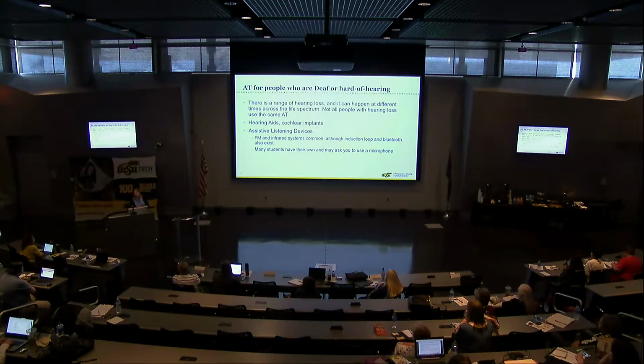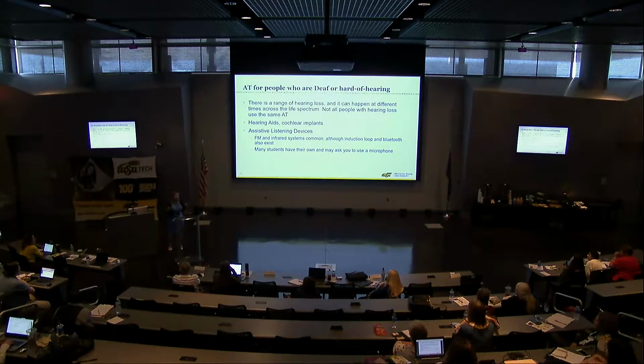They might use something pretty technical and devicey like a hearing aid or cochlear implant. Those things are obviously worn on or in the body and are very individual to the human being. But they could have assistive listening devices. I don't know what kind of systems are on this campus, but FM listening devices and infrared listening devices are very common in higher education classroom experiences because you can define a room with them pretty well.